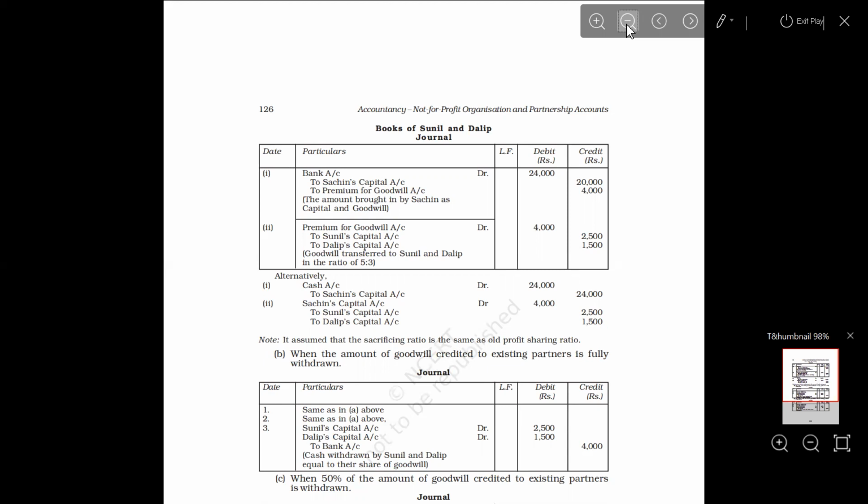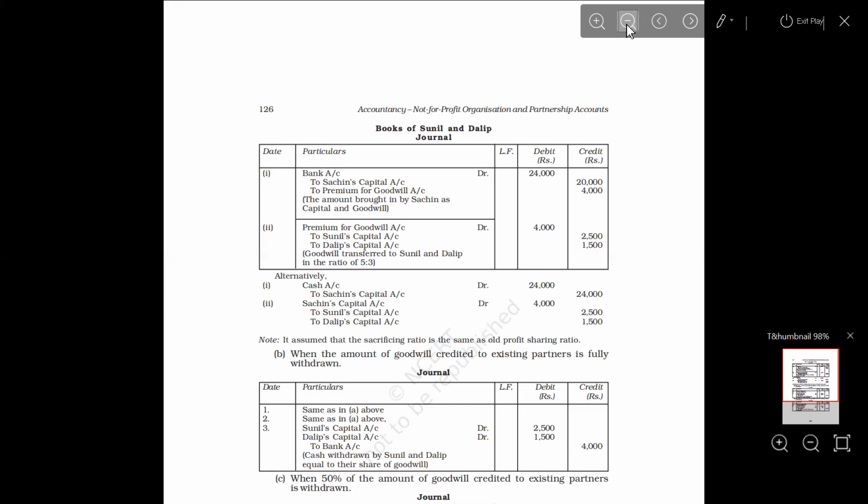So Sunil's capital account debit, Dalip's capital account debit, to bank account, as the partners take back their premium for goodwill portion from their capital. This is when the amount of goodwill is taken back and withdrawn, the full amount withdrawn from their capital.